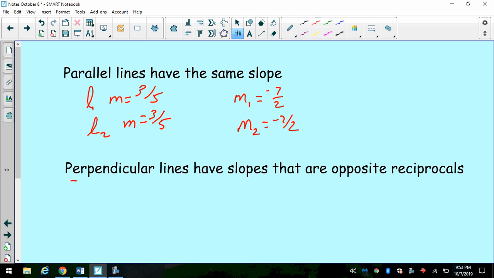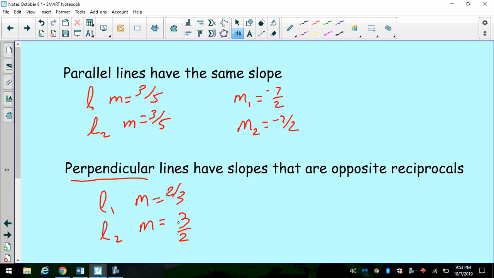If they're going to be perpendicular, they're going to meet at right angles. For line 1, let's say the slope was 2/3. The slope for line 2 would be the negative reciprocal of that, which means take the reciprocal of 2/3, which is 3/2, and write down the opposite sign.